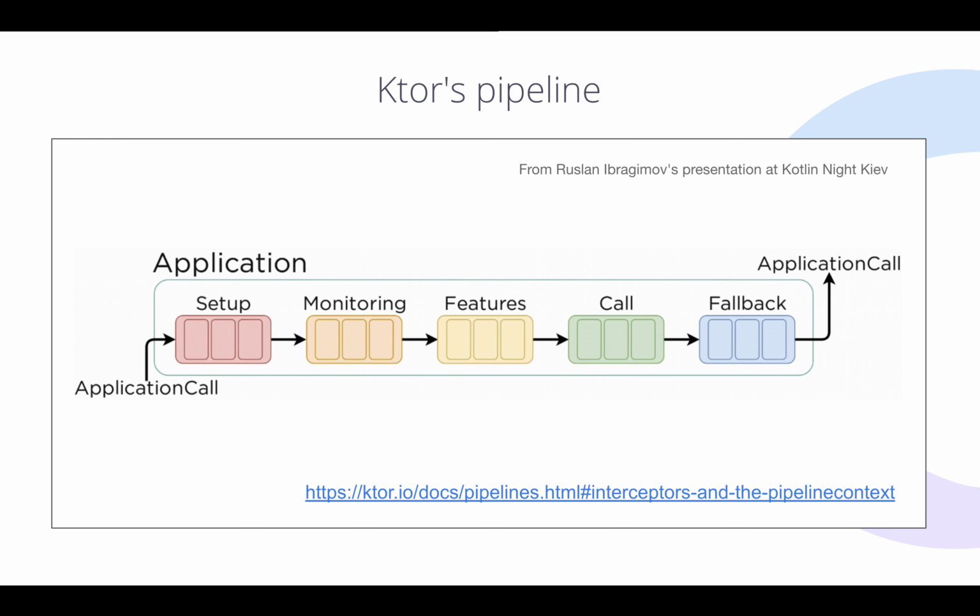They go one by one, and you can actually attach any phase before or after any of the existing phases. So you can plug your feature here or here or here, and it will work. But most of the features will be plugged in the features phase.